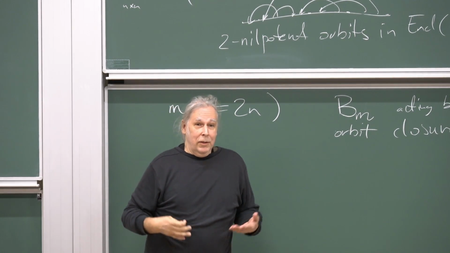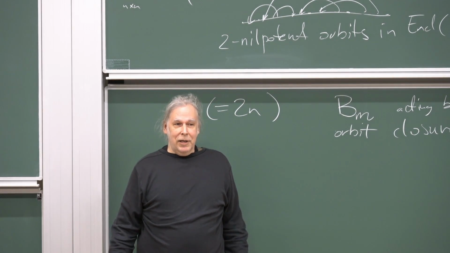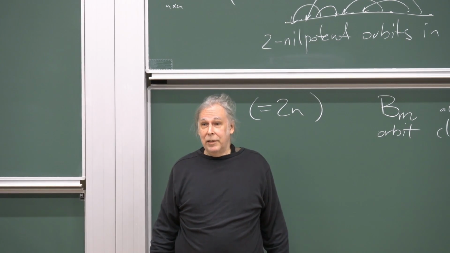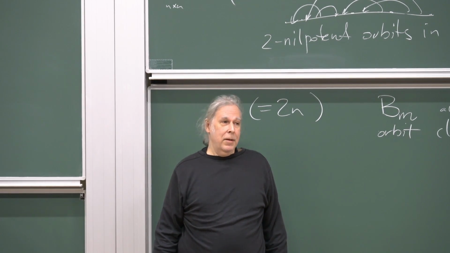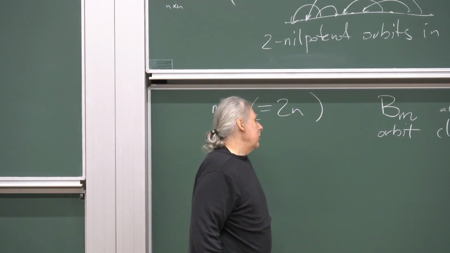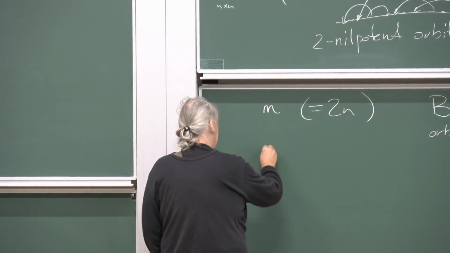So you will hear many characteristic classes maybe in future, but let's start for the beginning with the simplest one, like the fundamental class. So there is something like a minimal orbit.